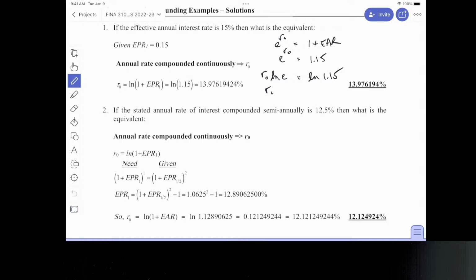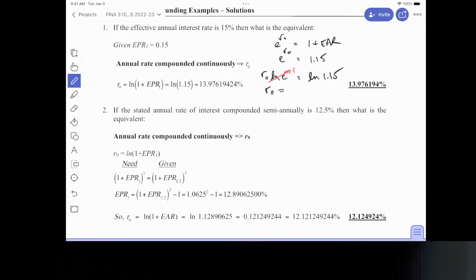And then this will become 1, because the natural log and the exponential, or e, cancel each other, leaving the constant R0 equal to ln of 1.15, which I find to be 13%.